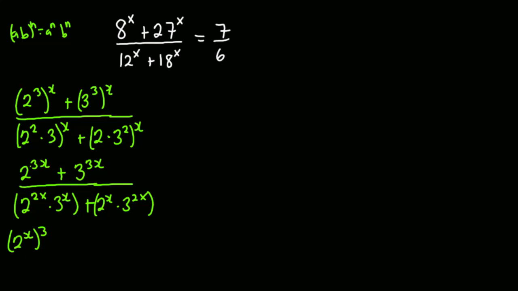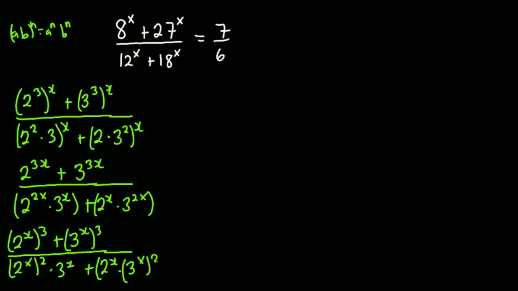I've just interchanged the positions of the exponents, and it's the same thing, plus (3^x) all cubed, divided by, I can rewrite 2^(2x) as (2^x)^2 times 3^x, and this plus 2^x multiplying, I can write 3^(2x) as (3^x) squared. And remember, this is equal to 7/6.